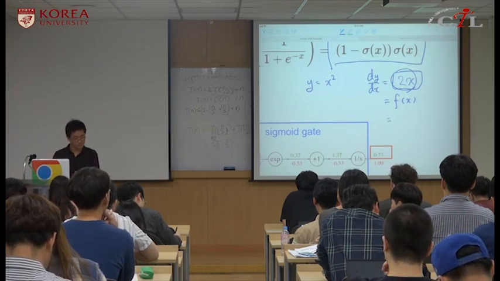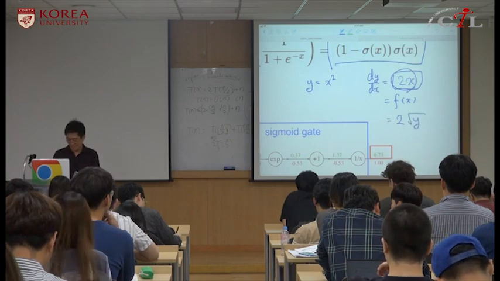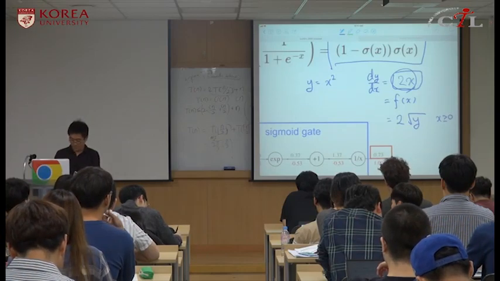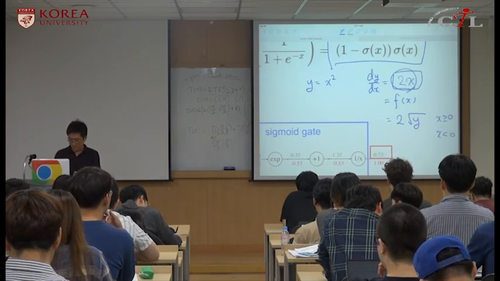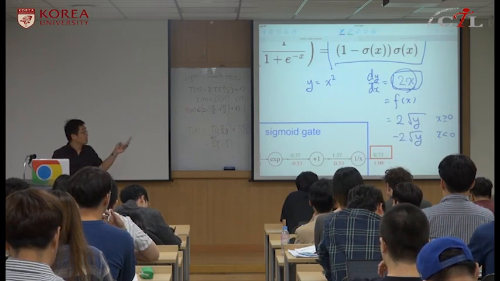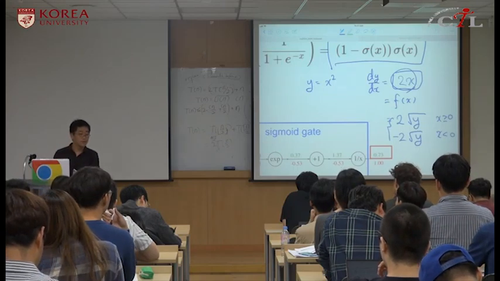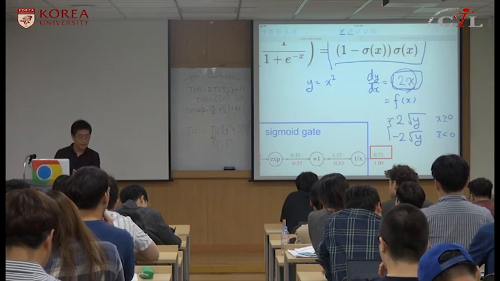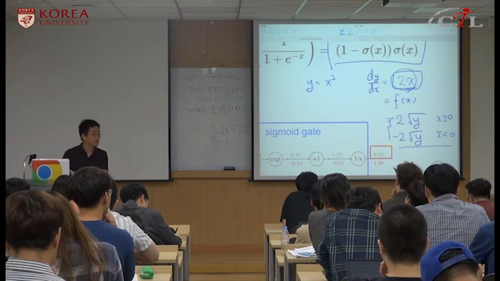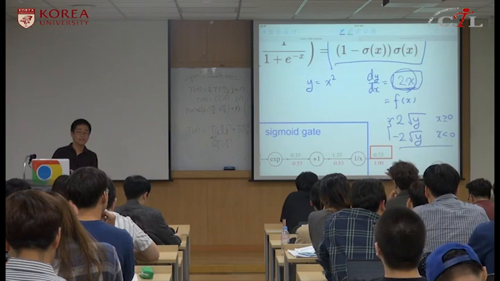We can of course represent it as 2 times the square root of y if x is greater than or equal to 0, or if it is a negative value, then this, right? So in principle, representing our gradient function with respect to x or with respect to y, they are equivalent. So you can freely use either of them, right?